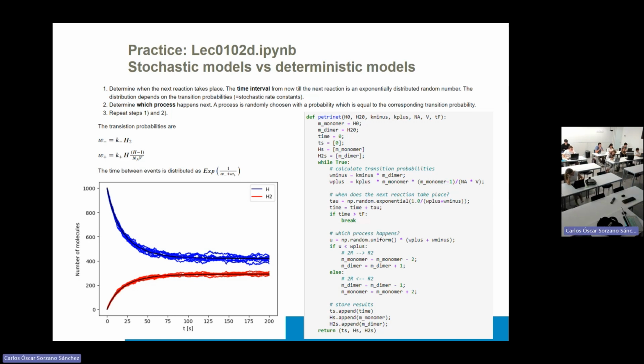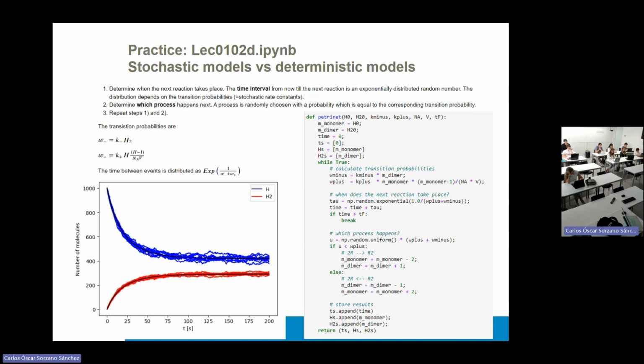So we are at time 0, and after tau, something will happen. When we are at the end of the simulation, we are done. And there will be an event at tau. Which event? We have to choose between one of these two. At the beginning, it will be more likely that there is an encounter between atoms, because there are very few molecules.